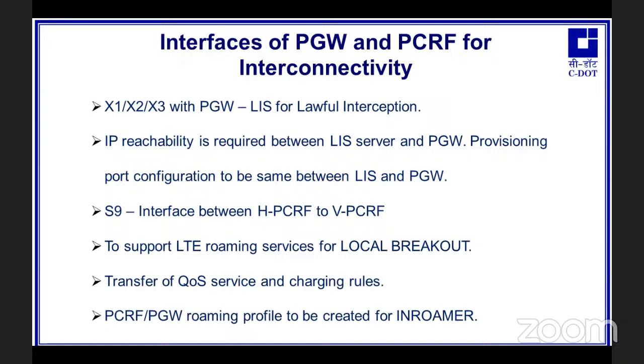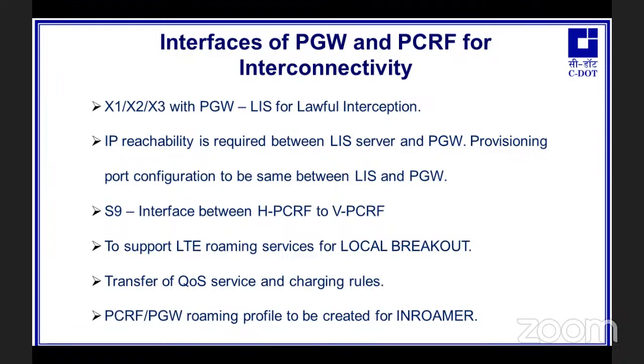So I have covered this thing, X1, X2, X3 for that LI related thing, and S9 is the Diameter based interface between my home PCRF and the visited PCRF. But the thing is that in BSNL network, as per my knowledge, two things are being followed: for data, the home routed data policy, and for VoLTE, local breakout.